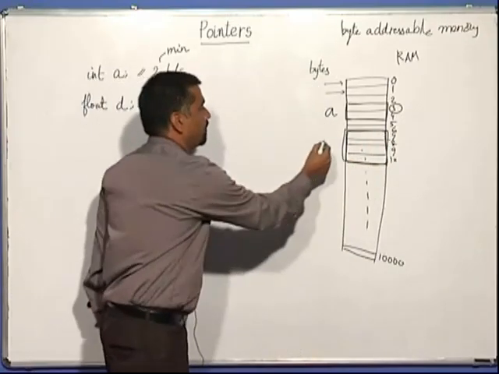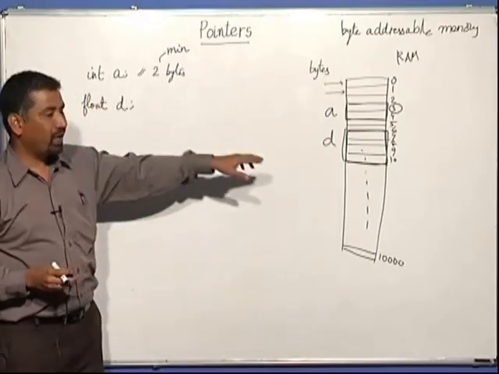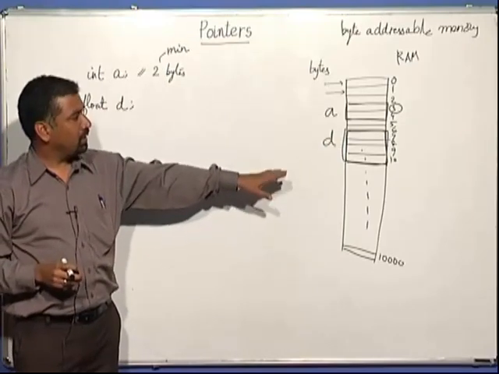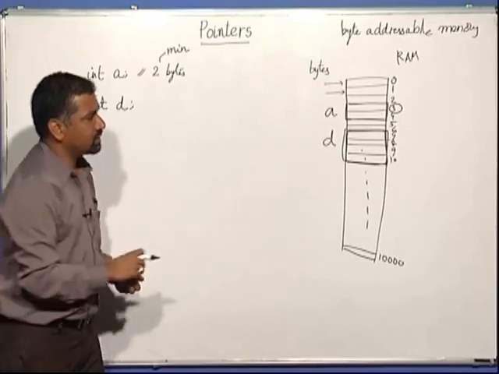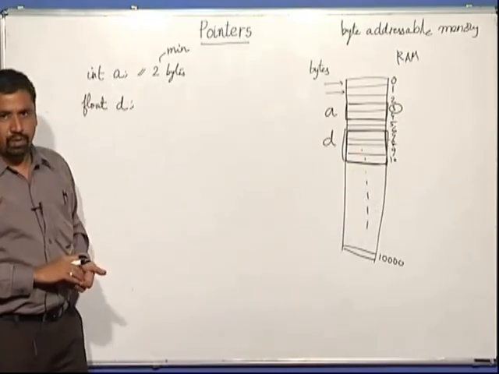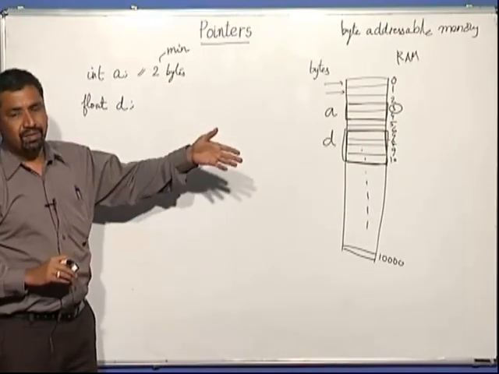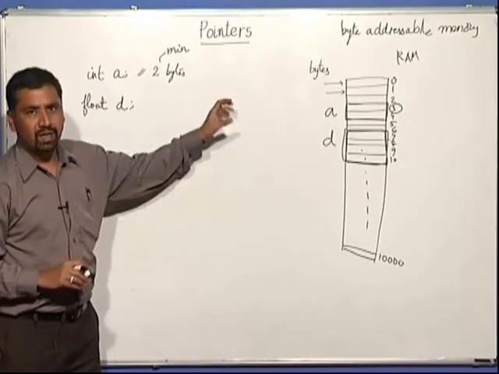So where is the variable D located in the random access memory? In the bytes 7, 8, 9 and 10. So the bytes 7, 8, 9 and 10 have been used to accommodate this variable D.